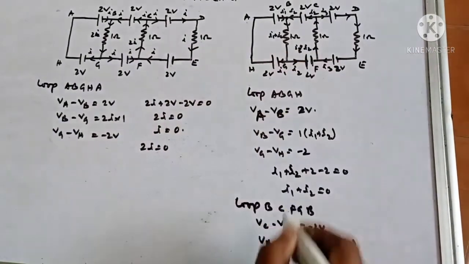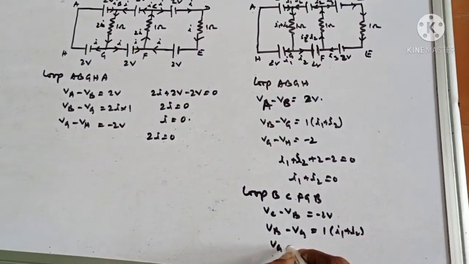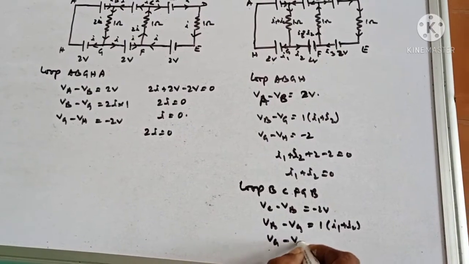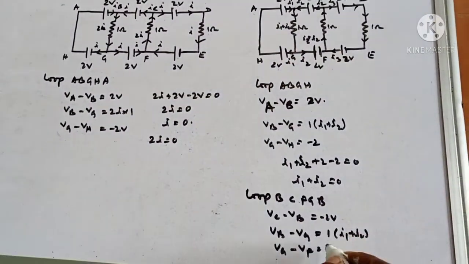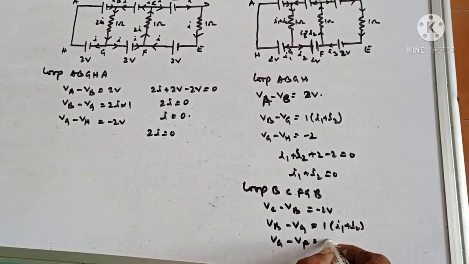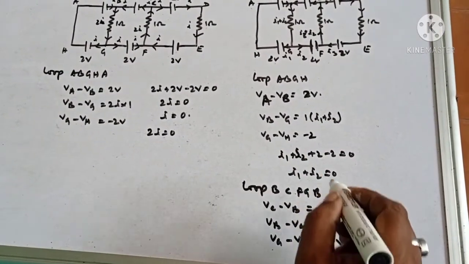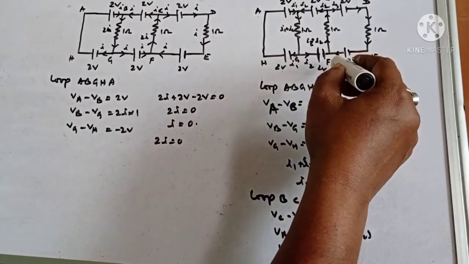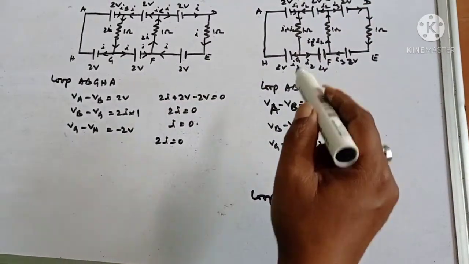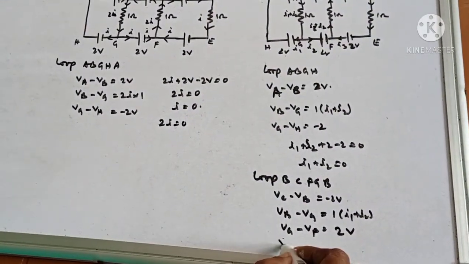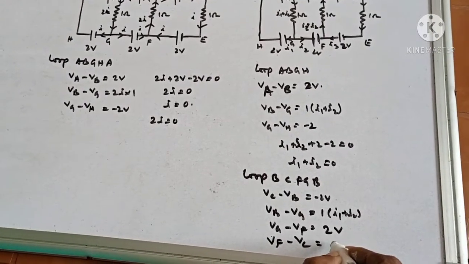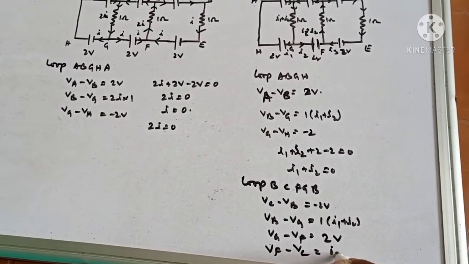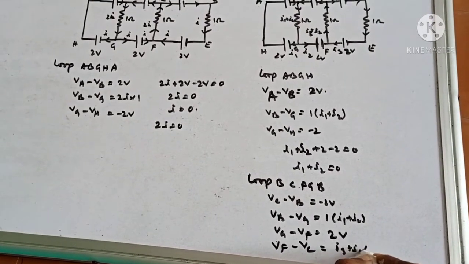And then here again VG minus VF, you see from higher to lower, so this will be plus 2V. And again from VF to VC, this will be I3 plus I2 into 1.